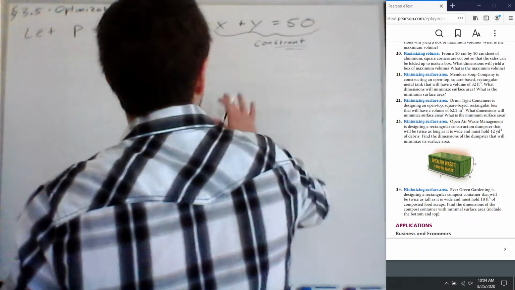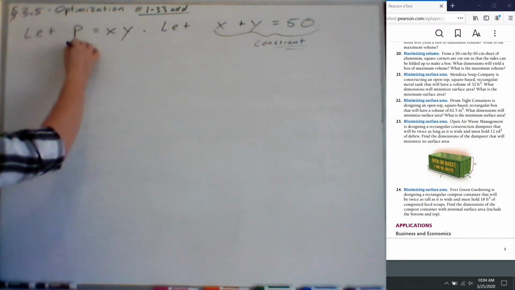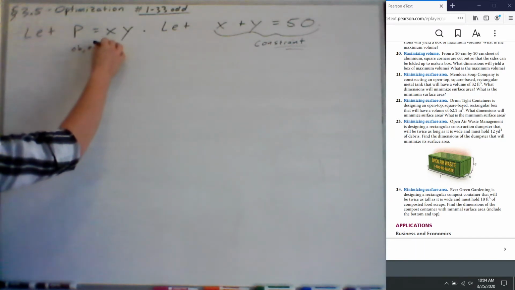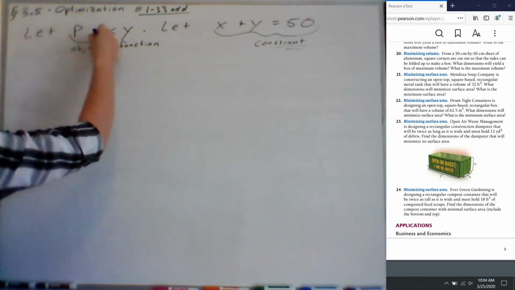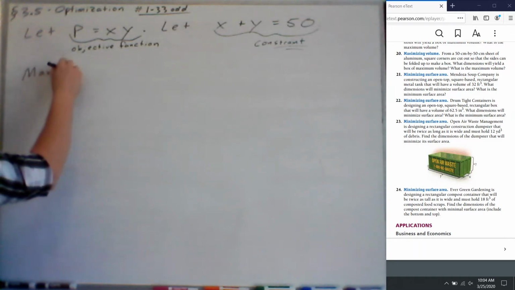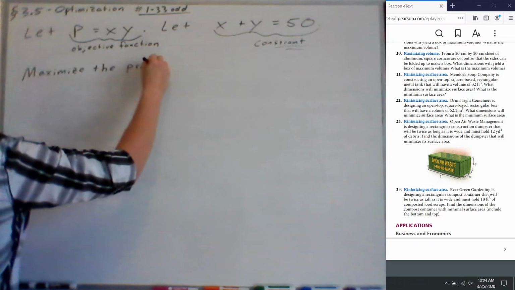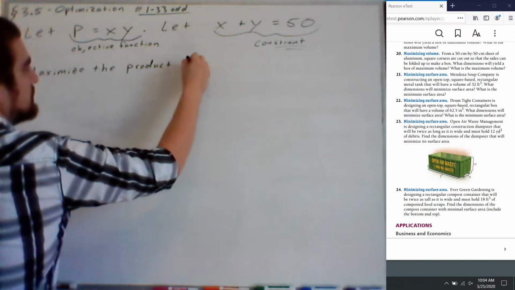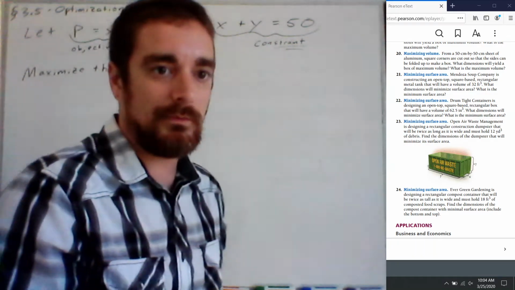So when we're restricted to X plus Y equals 50, and we look at this objective function, P equals X times Y, how can we maximize the product? That's why they call it P, X, Y. We need to find the X and Y values that will maximize this product.